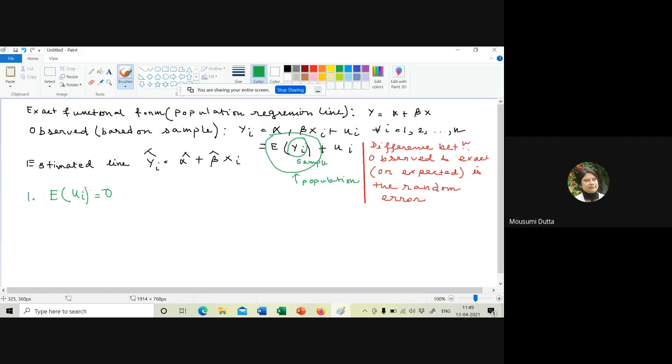That means the expected value of the error, expectation of ui, is equal to 0.